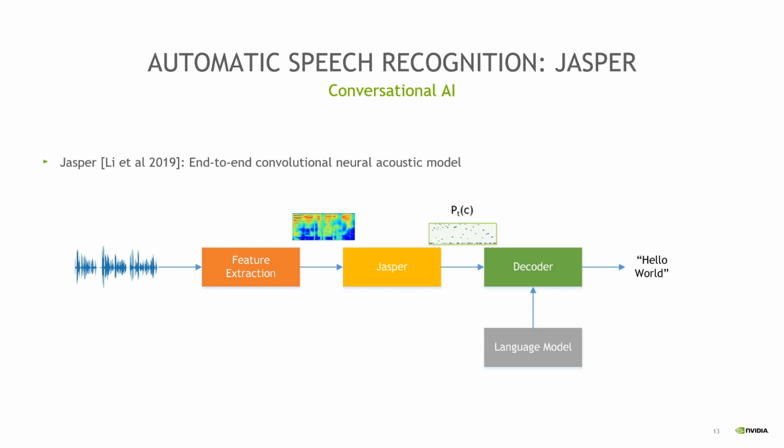Jasper produces probability distributions over characters per frame, and these distributions are then processed in the decoder, which, equipped with a language model, will provide a text sequence that is most likely and that best matches the input audio.